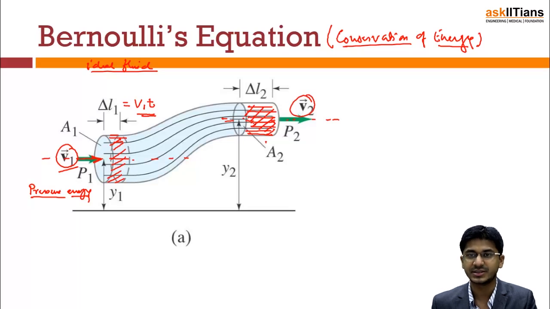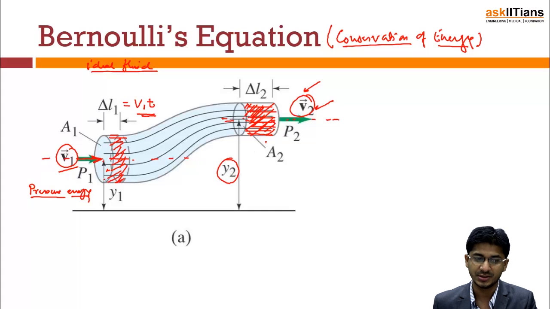The mass here is the same as the mass there, because the volume flow rate is constant, so the mass or volume flowing out in any time t is the same. But the velocity of this mass is different from the velocity of that mass, so its kinetic energy is different. Its potential energy is different, based on Y2 and Y1.